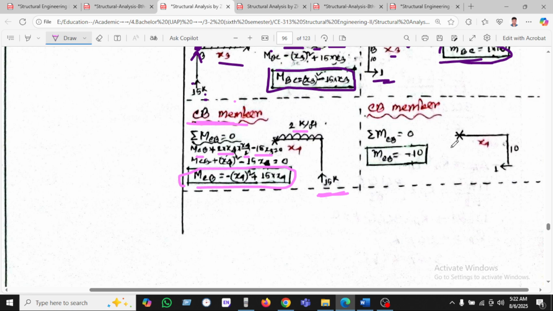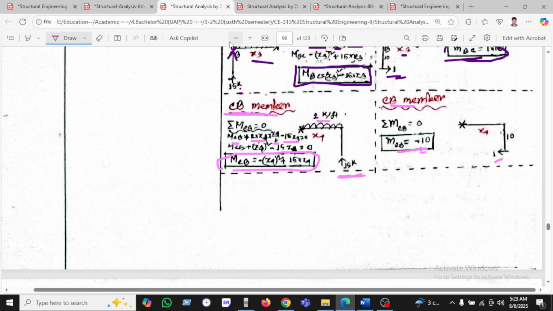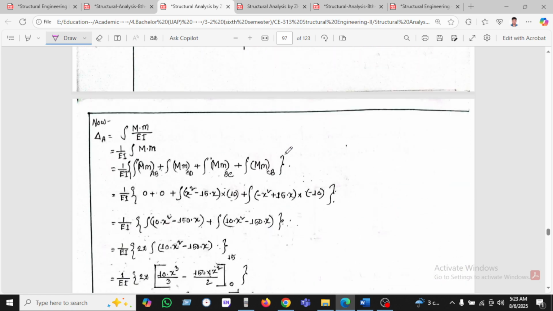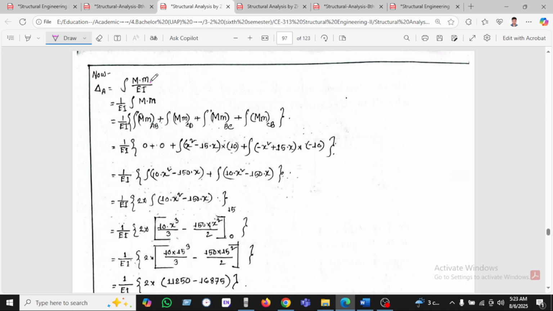For this diagram, the CB will be 10 as the 1 into distance into 10. Okay, after getting all these values for analyzing, we will look at M into M1.